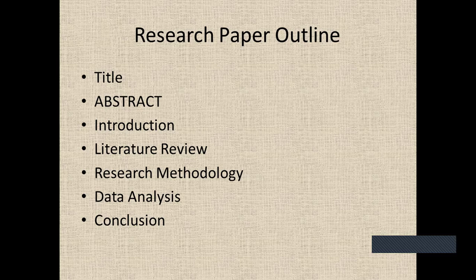It should clearly state the relation between the variables and what you are going to do in your research. It should be a brief and comprehensive statement that clearly outlines the context of your research. These are the key points to keep in mind while defining the title.